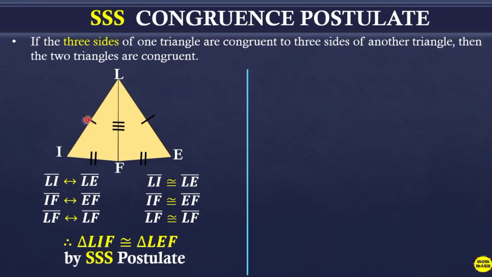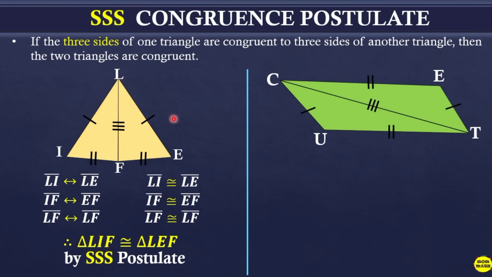Because as you can see, the three sides of a triangle are congruent to the three sides of another triangle. Another example. So we have here CU corresponds to TE. Okay? And then we have UT corresponds to EC. Tingnan nyo po yung markings.